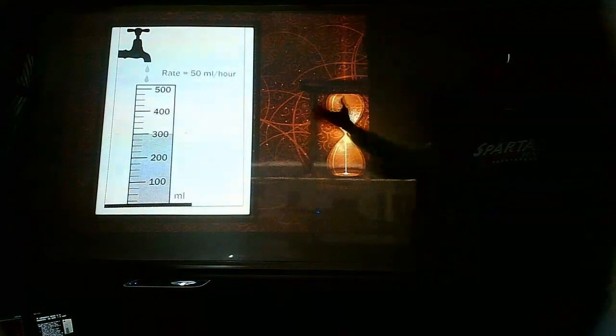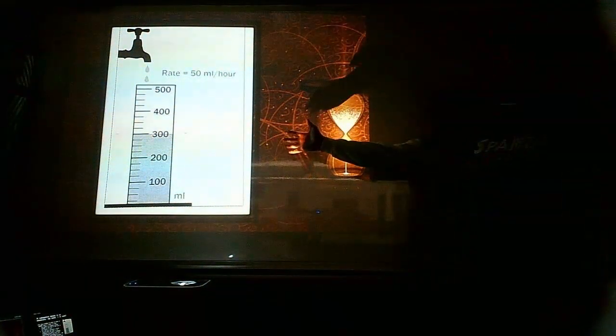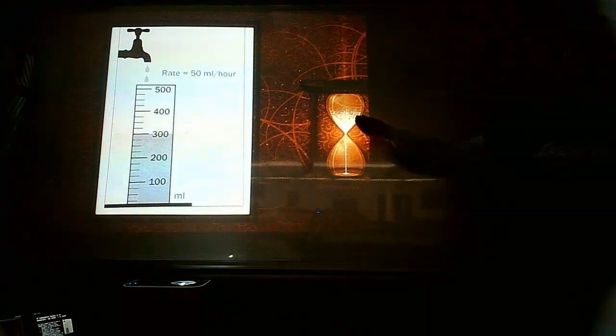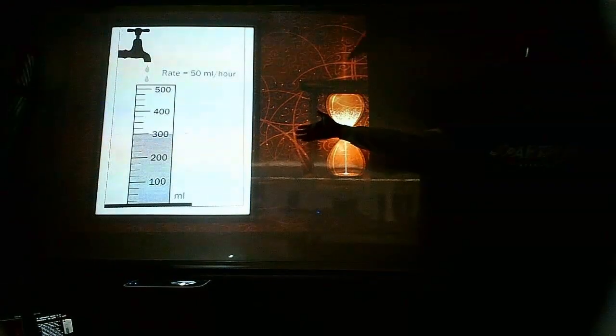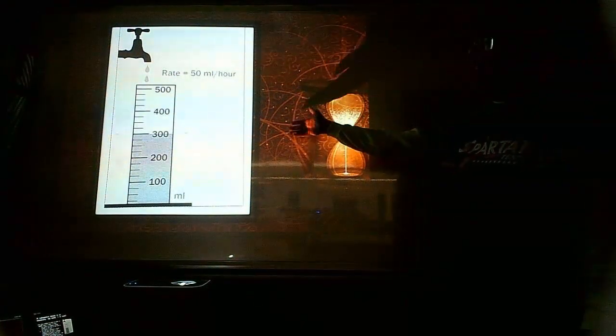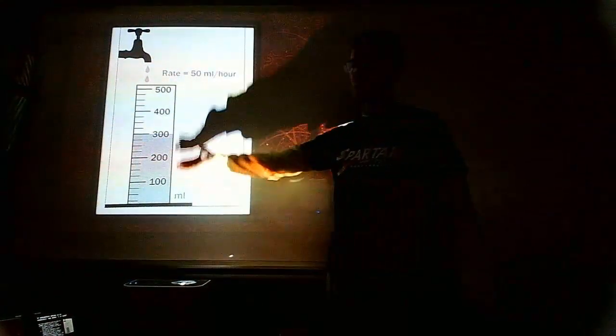So, the main reason that this methodology is unsound is the same reason that when you look at water dripping into a cylinder, there's no way to know how long it's been dripping.